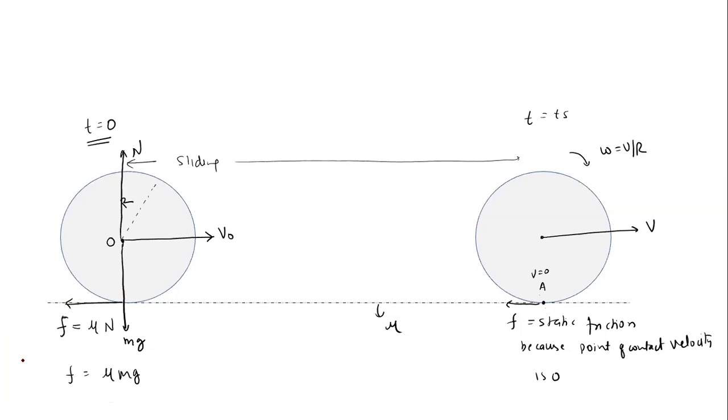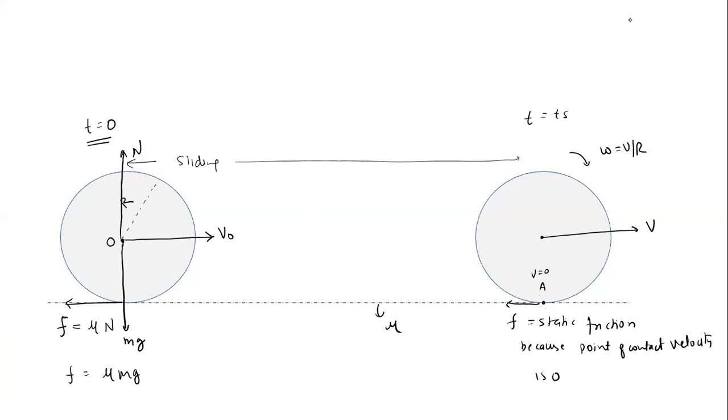How can we use the concept of angular momentum conservation? When can we use it? When the net torque about any point is zero. Yes or no? Now, which point should I take where the net torque is zero?